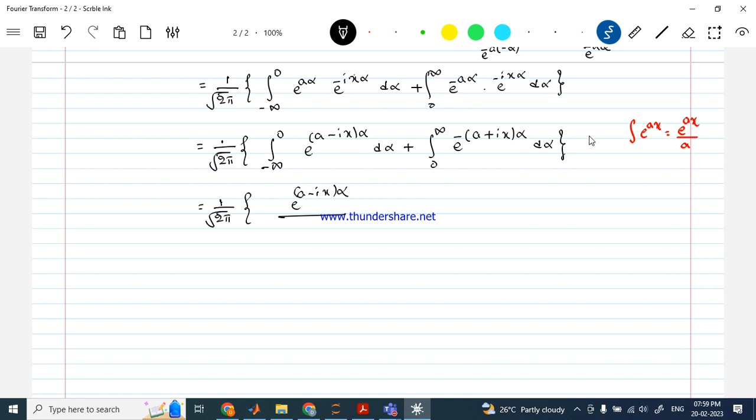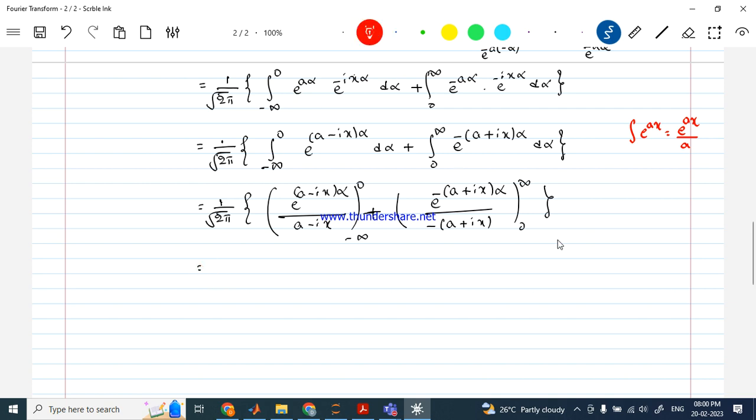So x is the variable in this case. Here alpha is the variable. Write the coefficient of it, which is a minus ix, between the limits minus infinity and 0, plus the same thing again, e power minus of a plus ix alpha divided by the coefficient minus of a plus ix between 0 and infinity.